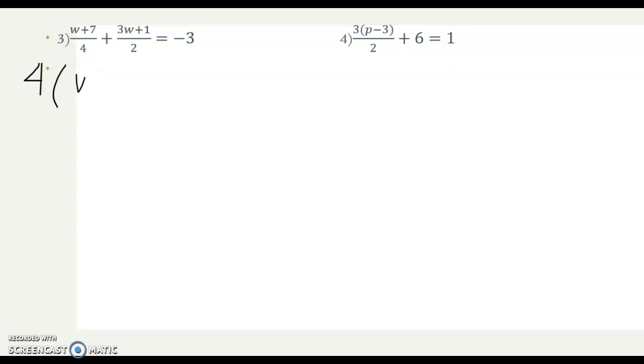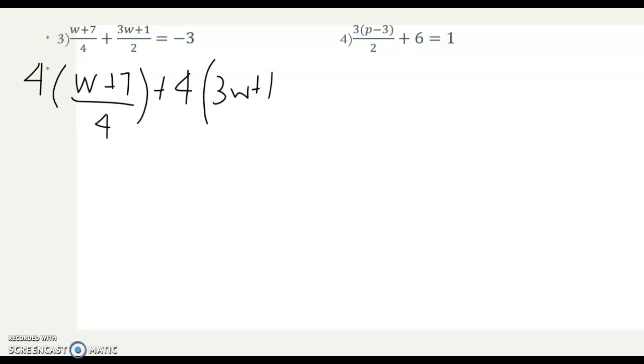So we've got 4 times this whole expression, which we need to put in a bracket, plus 4 times this part, and then 4 times the last part. So these 4s are going to cancel out. 4 divided by 4 is 1. 2 goes into 4 twice.